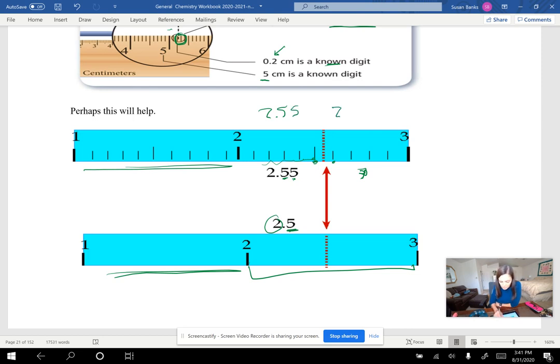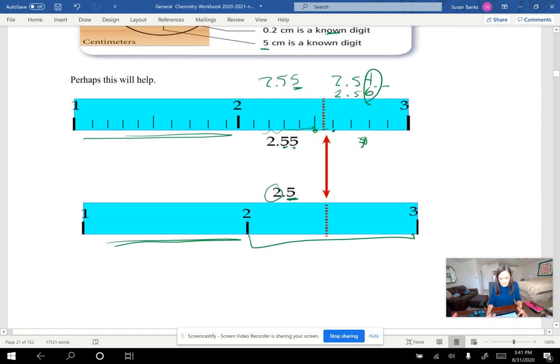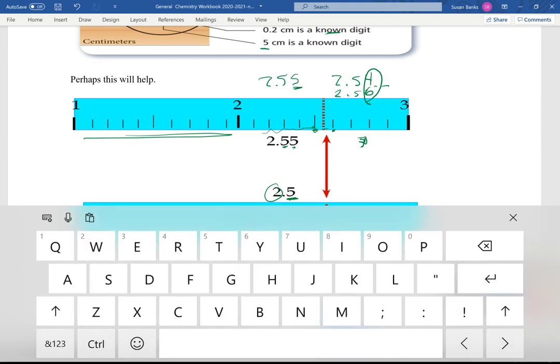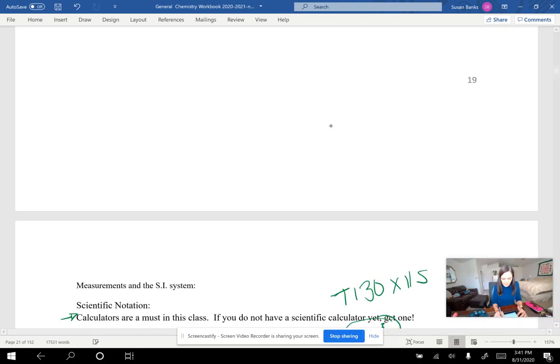Could I be equally good at saying 2.54 or 2.56? Yes, those would be valid measurements because remember, this last digit is always an estimation. Okay, so you need to be comfortable estimating in between the last measurements that you have.